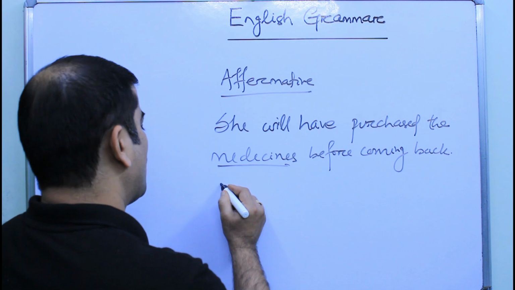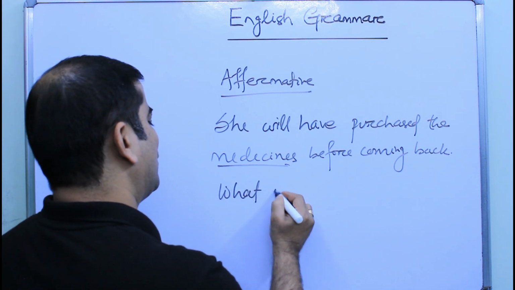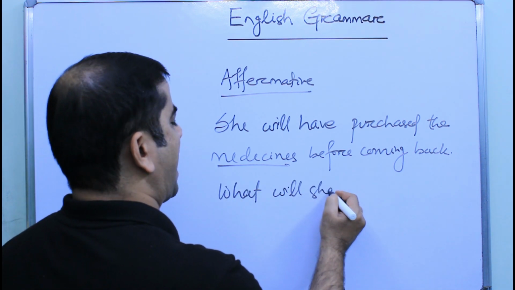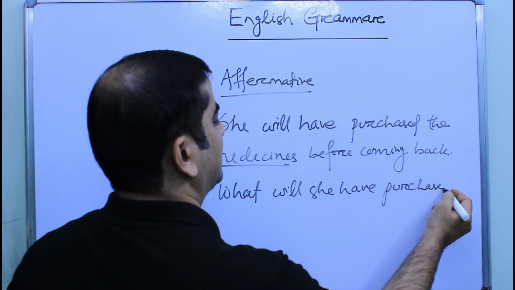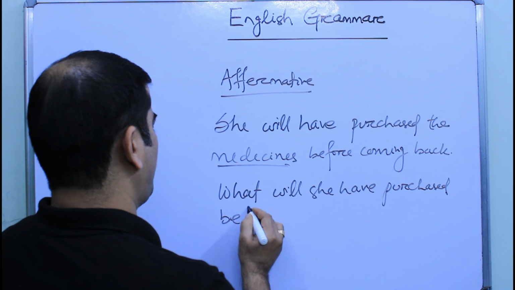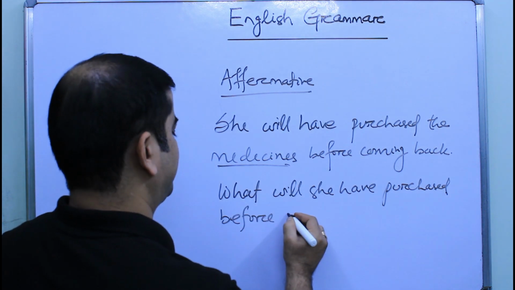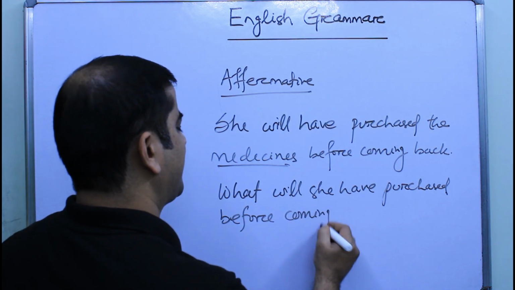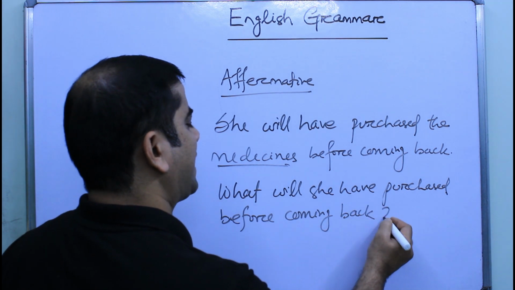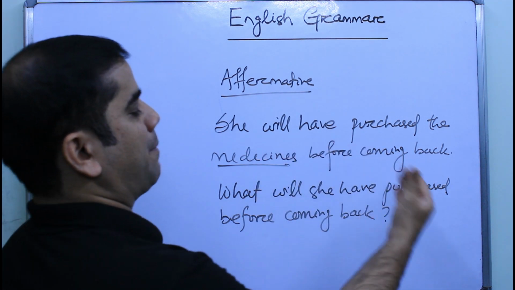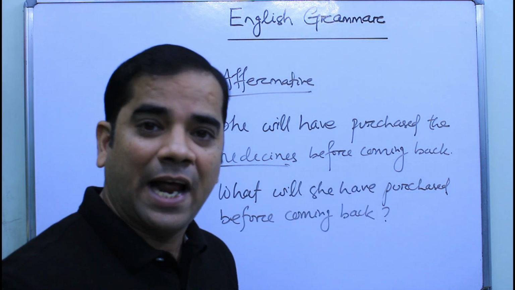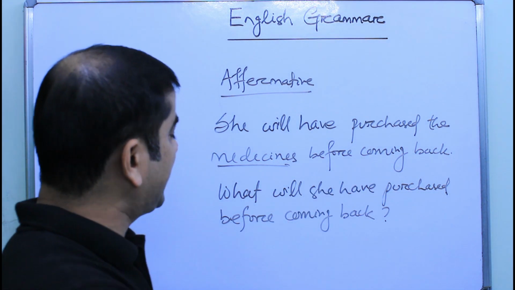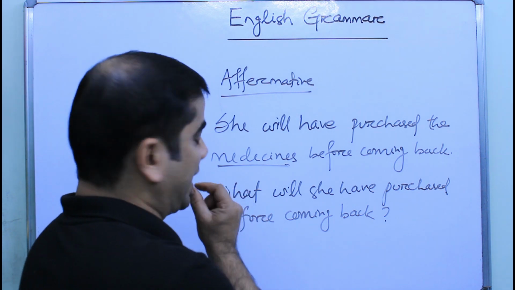Okay, so what will she have purchased before coming back? What will she have purchased before coming back? So in this way, we can form the interrogative sentence using the WH word what.